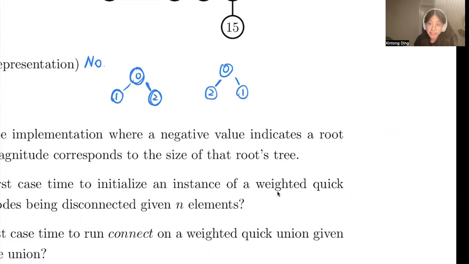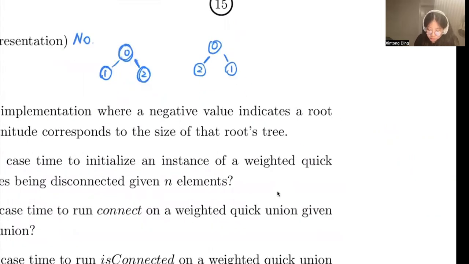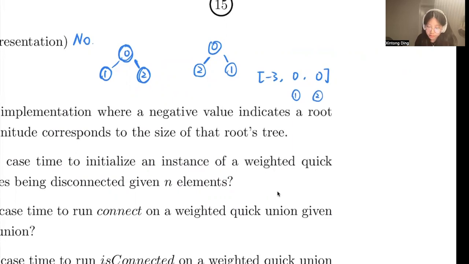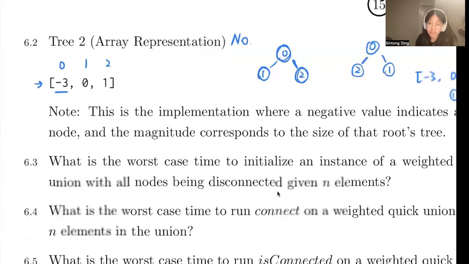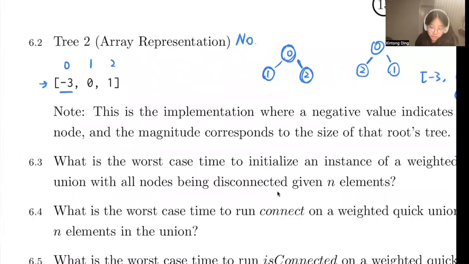No matter in which case, the array representation is going to be -3 and then 0, 0. Since for both node 1 and node 2, they both have the root node 0, which is also distinct from the given array representation. Therefore, for the question 6.2, the answer is going to be no.